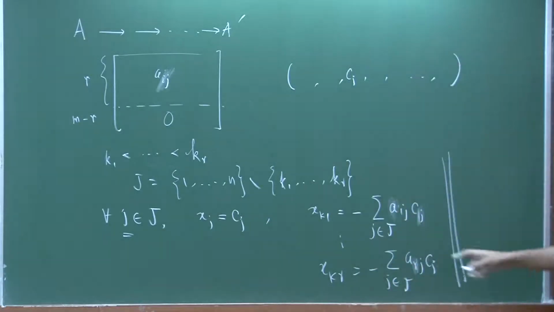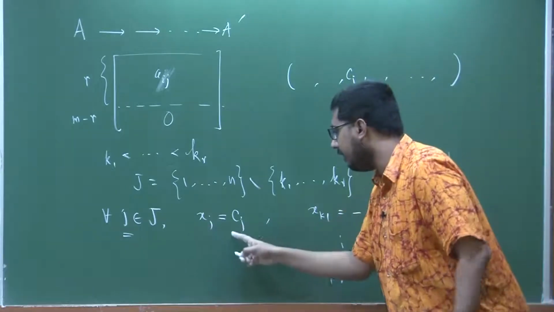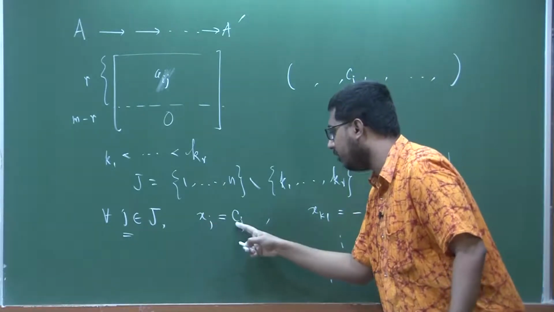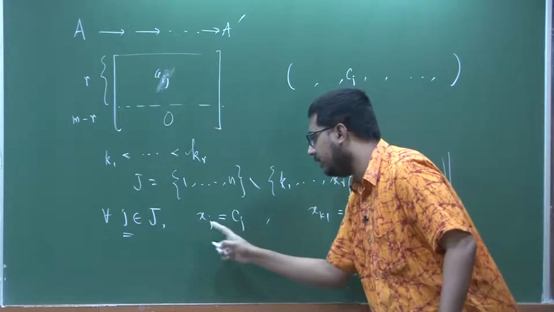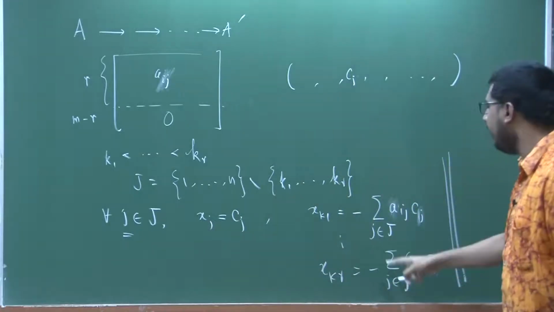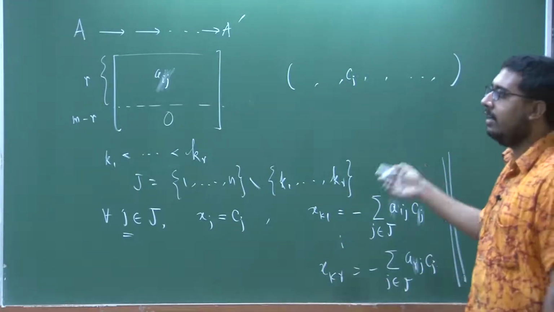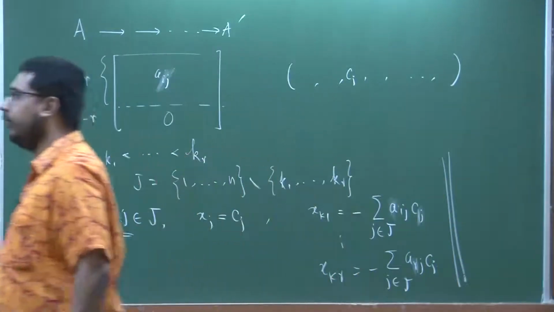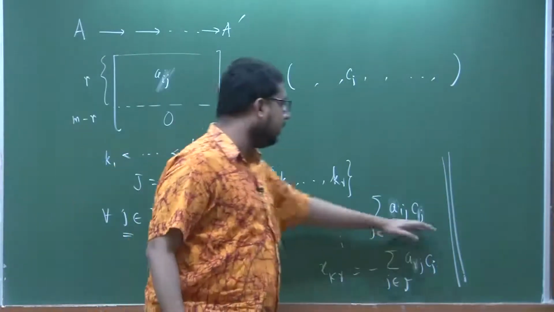Assigning arbitrary values Cj to the xj's, we get a solution like this, and every solution is of this form, because these variables are connected.